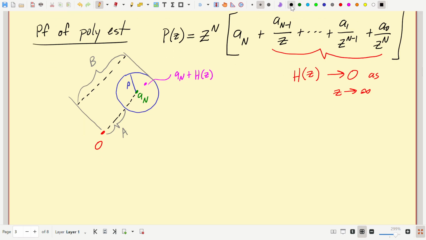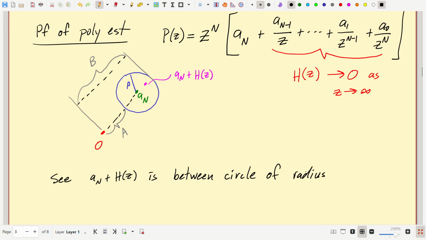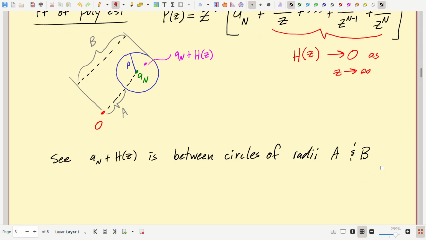So we see from the picture that a_n plus h of z is between the circles of radii a and b, defined by the picture there, when modulus h of z is less than that radius rho.